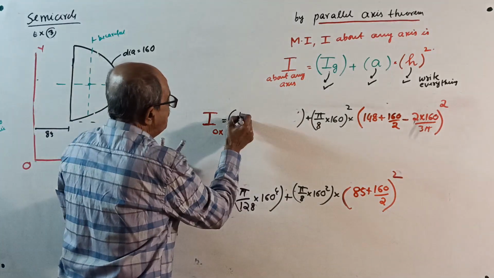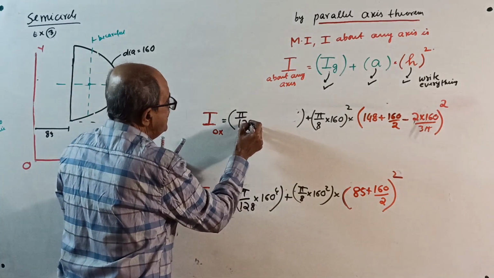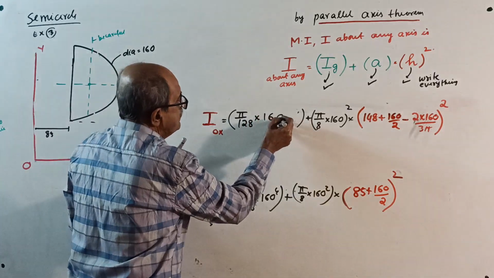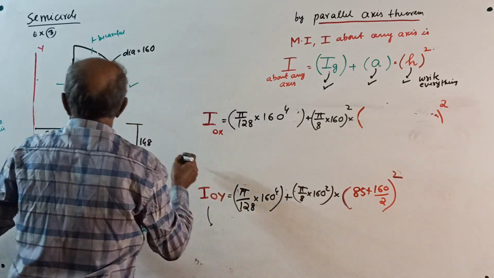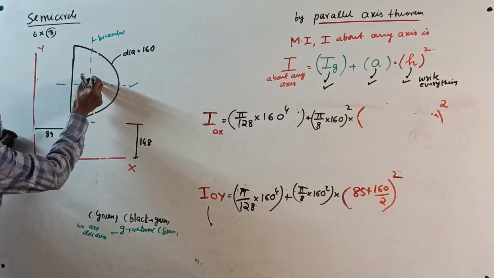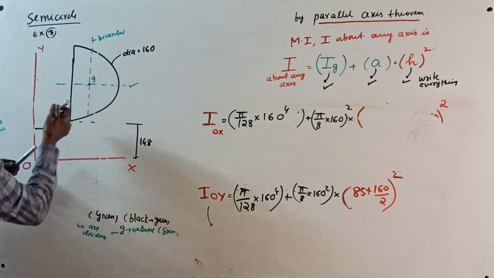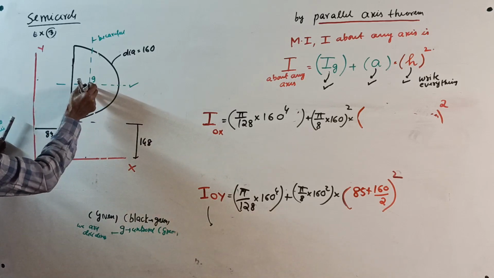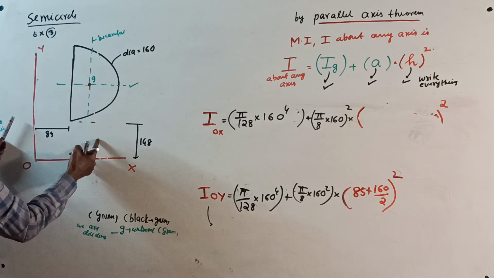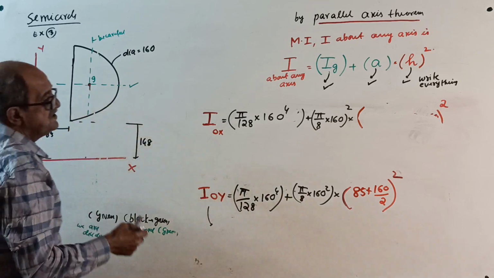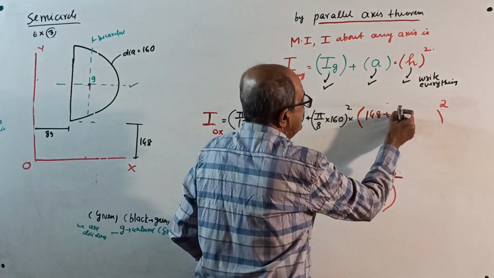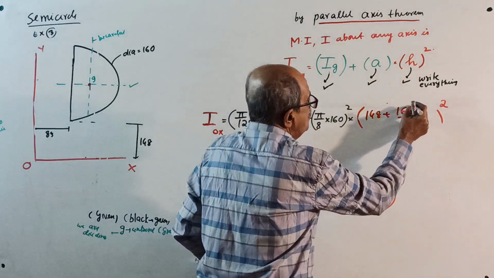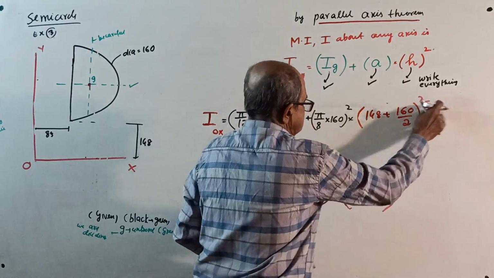Pi by 128 into 160 power 4 plus area into, from centroid G, from here to here, this distance square is 148 plus half of 160. 148 plus 160 by 2, whole square is the answer.